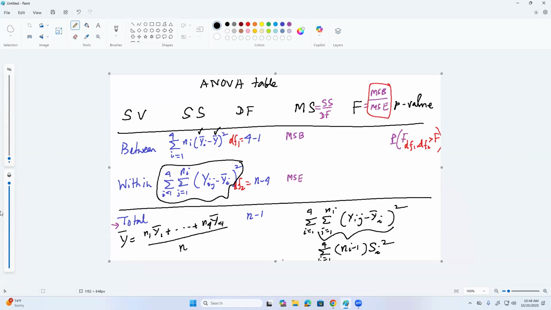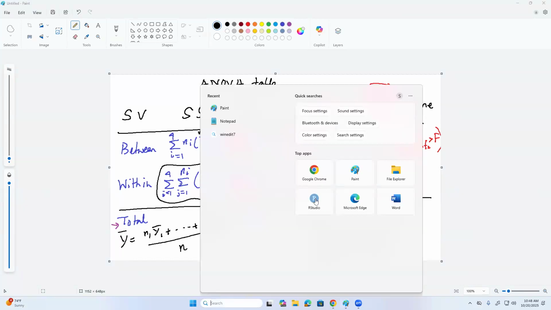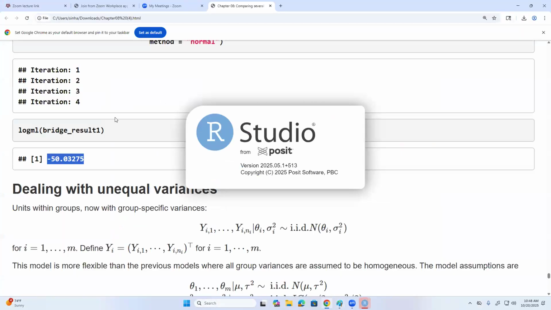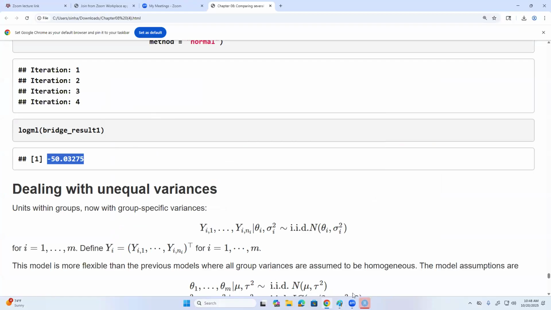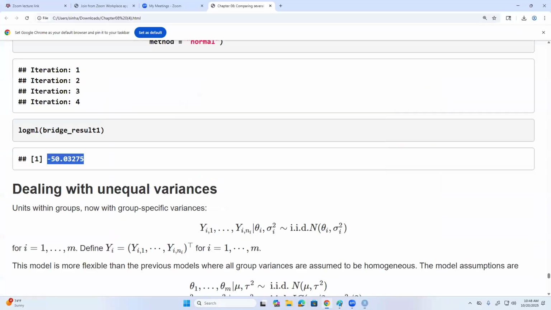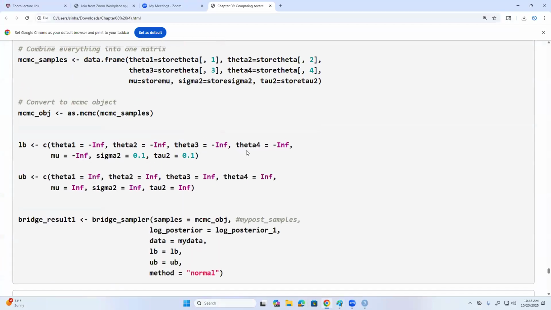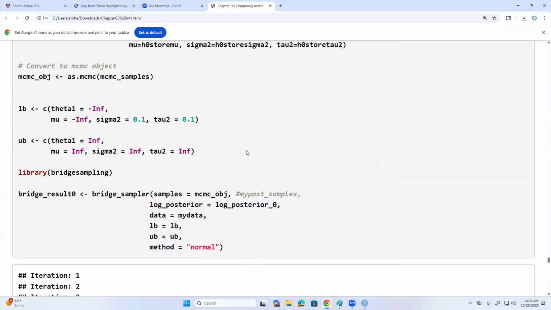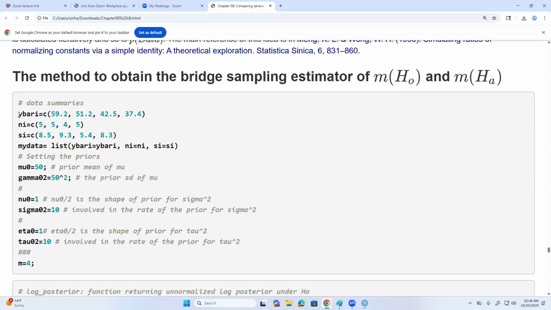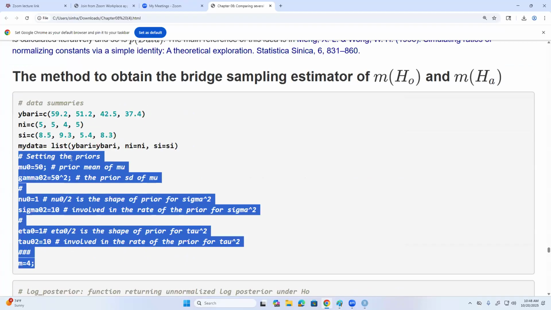So let us do that in R. And since this is a classical method, there is no use of the following part.